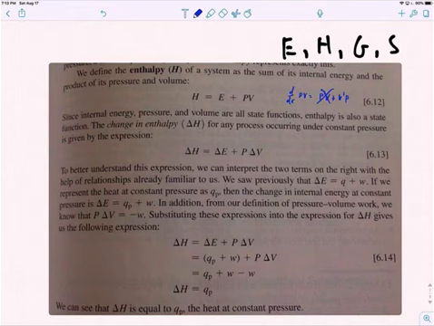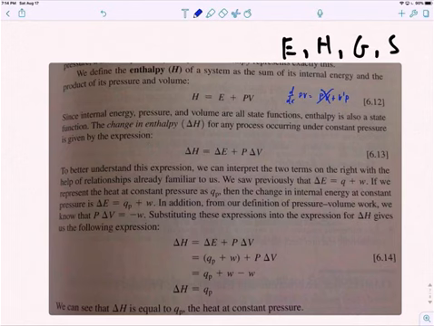Sorry if I'm using calculus terms in here. Calculus is not a prerequisite for this class, but I'm letting you know that calculus is used to derive these equations. You just have to know how to use them if you've never had calculus before. So that's how you derive this step, by using the multiplication rule of derivation.